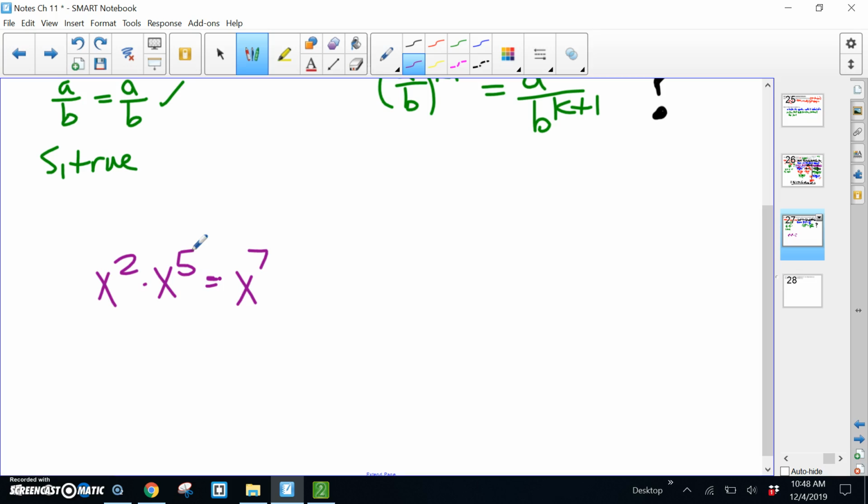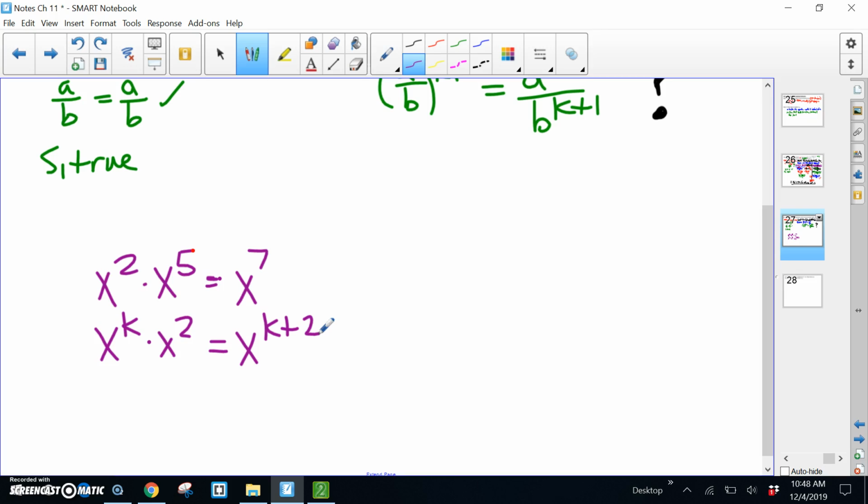You're adding the exponents. But what gets trickier is if we talk about a variable as an exponent. If I said x to the k times x to the second, you should use that same rule and say that's going to be x to the k plus 2. Because we are adding the exponents. When you multiply powers, you add the exponents.